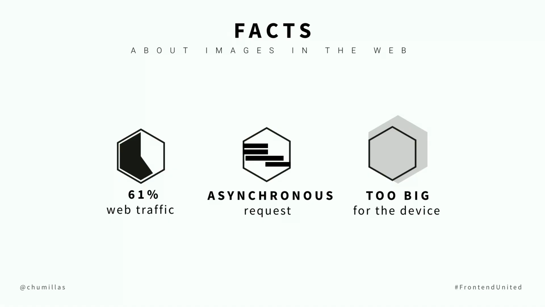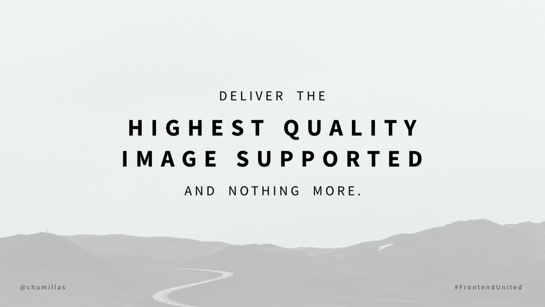So those are the main facts about images right now on the web. So the main goal that we need to have is that we want to deliver the highest quality image supported by the browser, but we don't want to send them anything else. That's all. That's the main goal that we need to take into account.